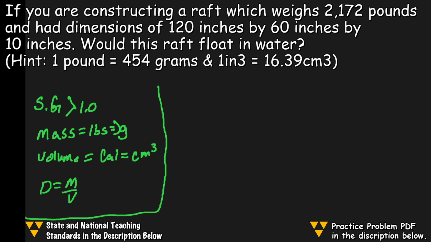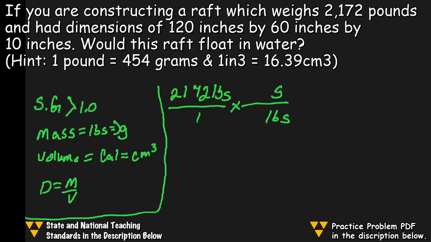So let's do our mass first. We can either do volume or mass, it doesn't matter, but I'm going to do my mass first. So I have 2,172 pounds, and I'm going to put that over 1. I want to convert that to grams. So like we did last time, we got to get rid of pounds, so we have pounds on top. So that means pounds needs to be on bottom this time, and we want to get to grams.